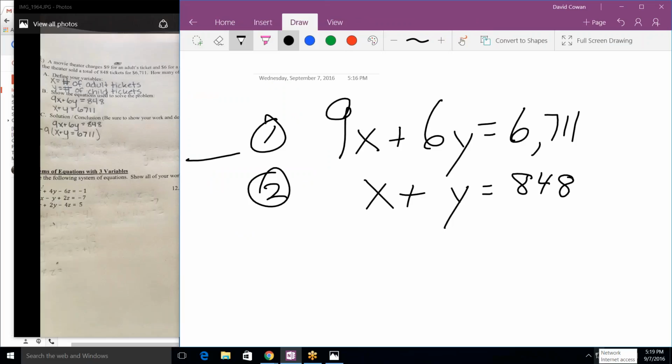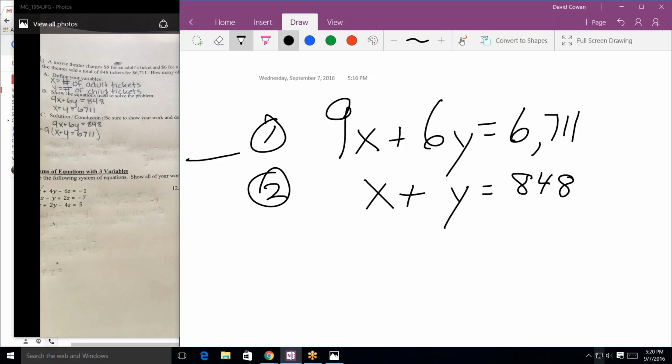You would multiply the bottom equation by -9 to get rid of the x values. Wouldn't it be better to multiply it by -6? No, yeah, we have to solve for both x and y. And it doesn't matter which one we solve for first. The key is to keep your numbers small.